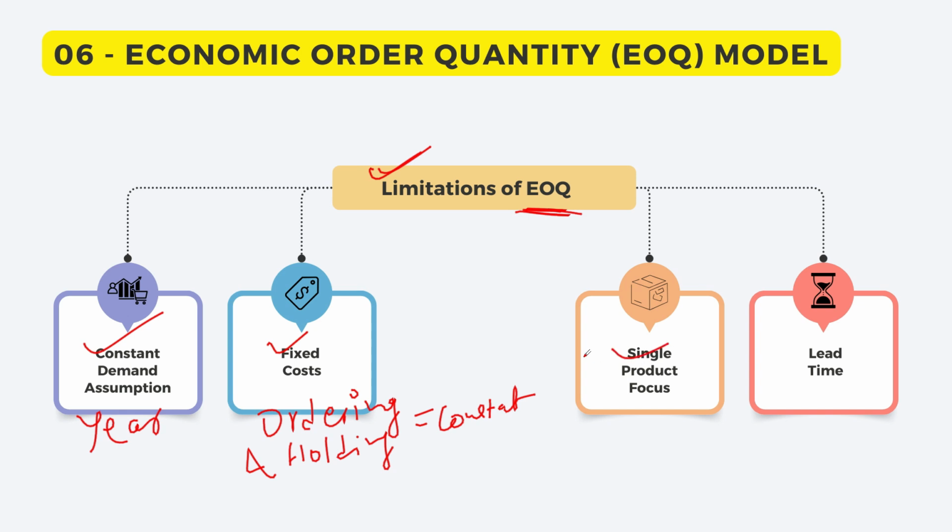EOQ works best for a single product inventory system, but may not be effective in complex multi-product scenarios. So for multiple products, EOQ is not at all suitable. And finally, the lead time. EOQ does not account for lead times.